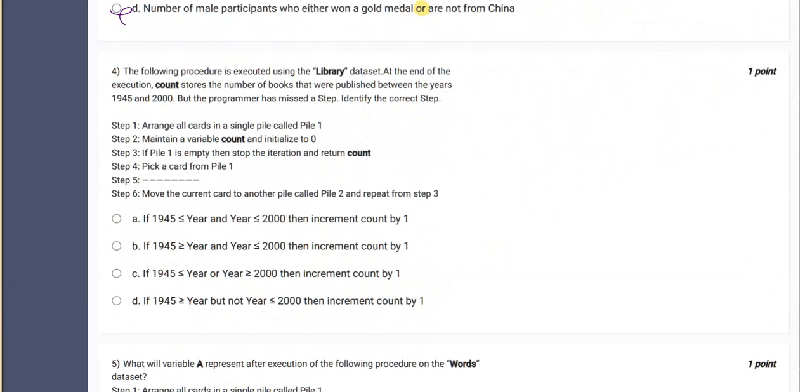The following procedure is executed using library dataset. At the end of execution, count stores the number of books that were published between the years 1945 and 2000. But the programmer has missed the step, identify the correct step.